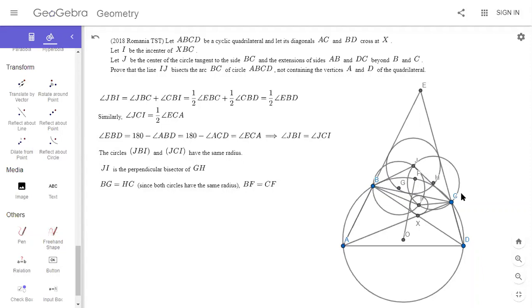I just thought about how to do this, but now I forgot again. Yes, if BF equals CF, it solves the problem. Yeah, so I think I kind of remember again.